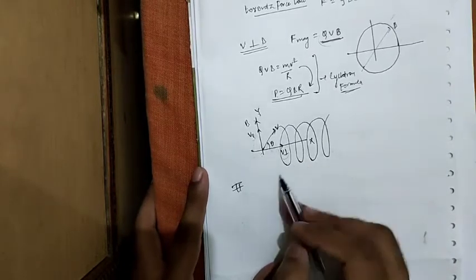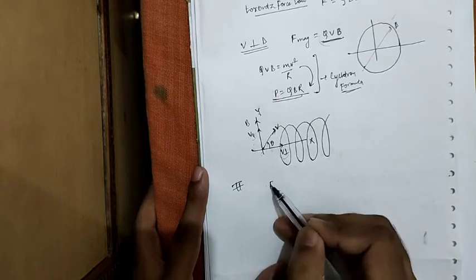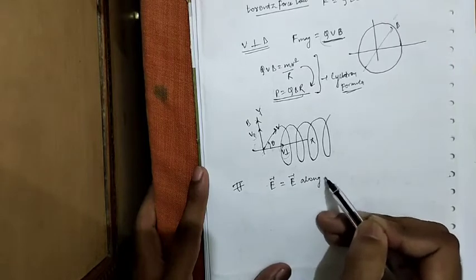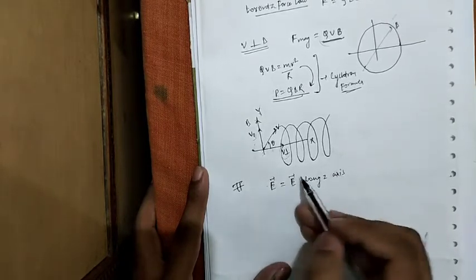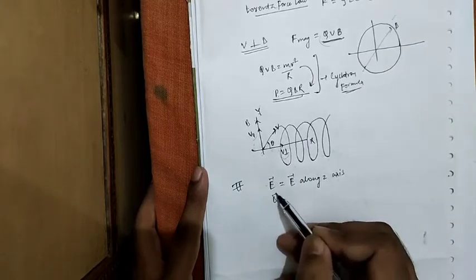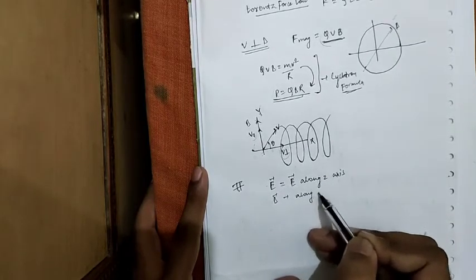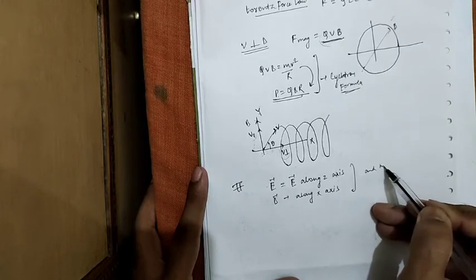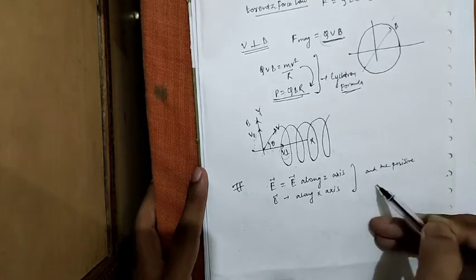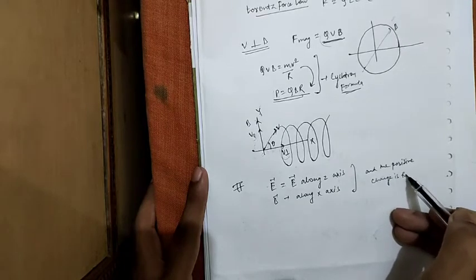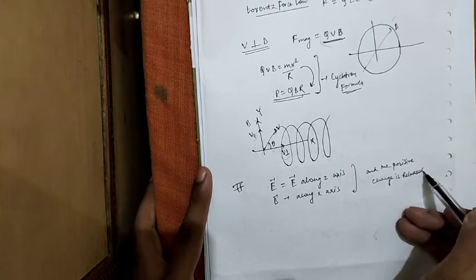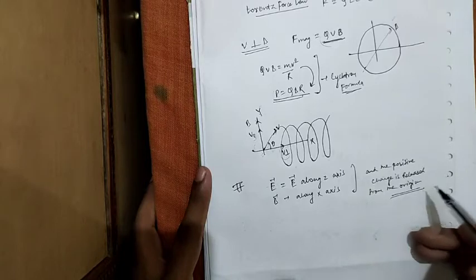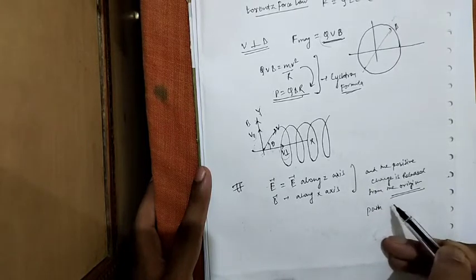If we include an electric field along the z-axis and the magnetic field along the x-axis, and a positive charge is released from the origin, then we have to find out the path followed by that particle.